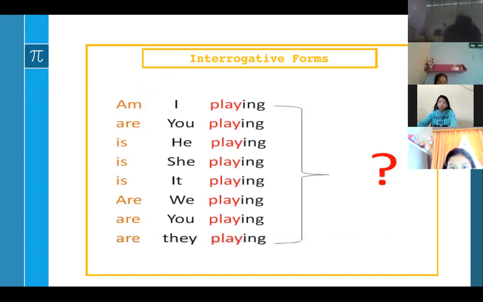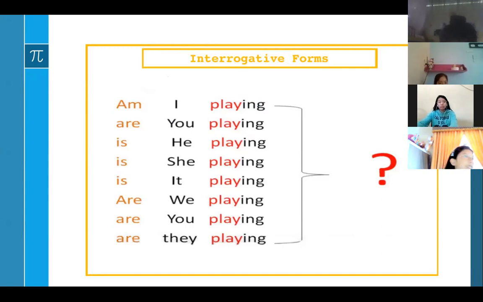Very simple. You only change the position of the verb and the subject. Now the verb is first. I repeat. If you want to make a question in present continuous, you only change the position of the verb and the subject. Now the verb is first.